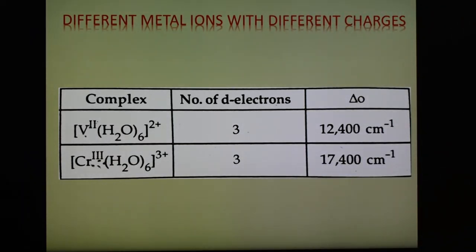The number of d electrons is the same, and in this case we can say that two different cations having the same number of d electrons and the same geometry of the complex but with different charge can also be compared, and the cation with higher oxidation state has a larger value of delta O as compared to the lower oxidation state. An example is given. So here the delta value is more for the metal ion with the higher oxidation state. Chromium has a 3 oxidation state, therefore it has a greater value of delta O.